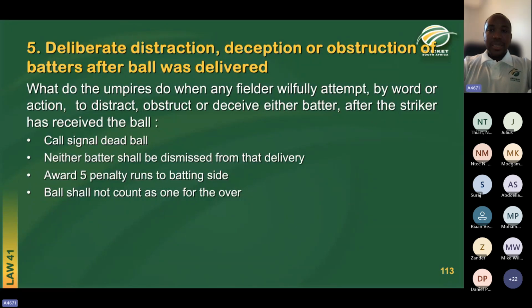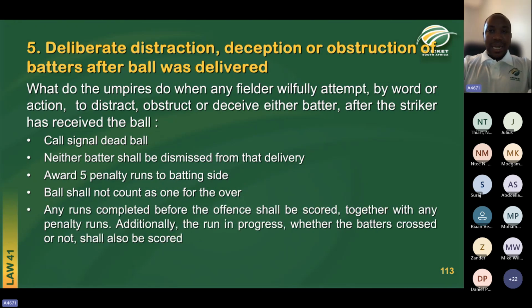I will be putting a slide together tomorrow that we will present after our revision lecture for all of you to know which dead balls after the ball has been delivered do not count as a legal delivery in the over and need to be rebowled. This is one of those occasions.